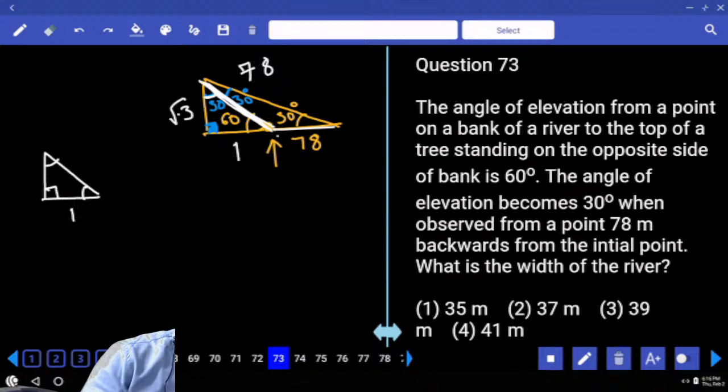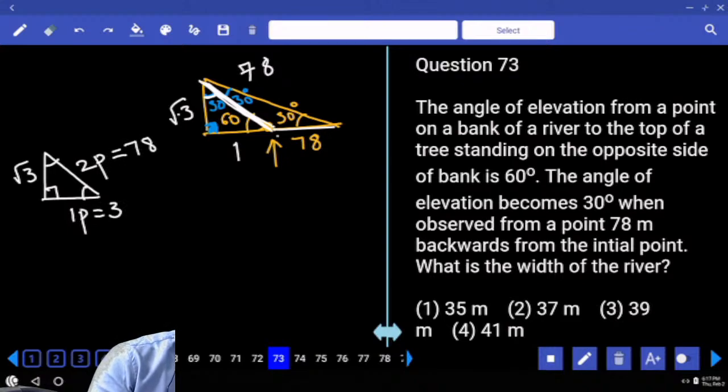Base is 1, height is root 3, hypotenuse is 2. Correct? Where you know 2 parts is equals to 78. 1 part is equal to 39. And this is 1 part value which is equal to 39.